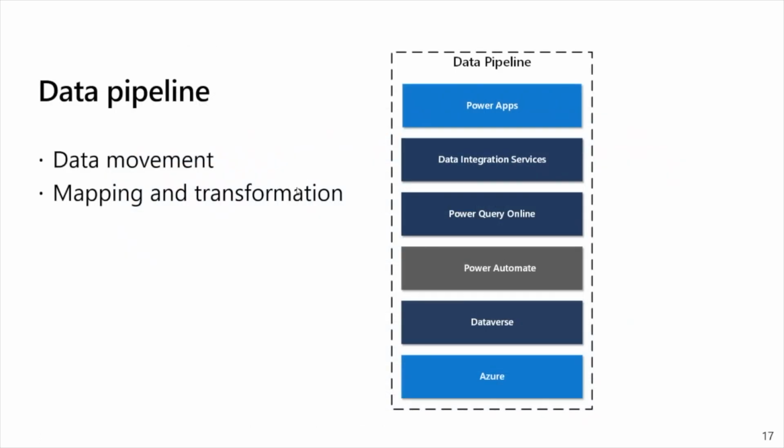The data pipeline gives us the ability to handle data movement. Essentially, it's the integration piece that provides that communication mechanism between the different systems that we're talking to. The mapping and transformation is provided by Power Query. We saw that briefly when we were looking at the BigCommerce connector.